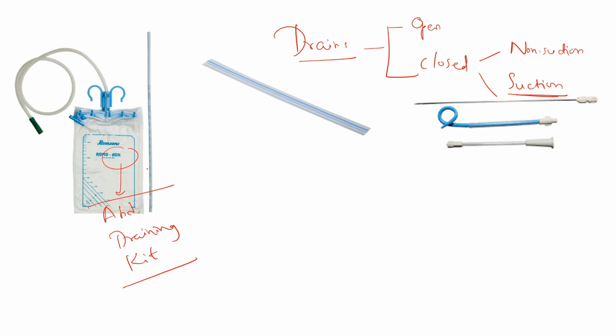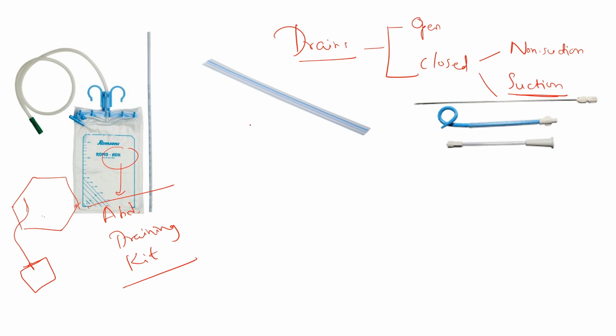As you can see, one end of the drain is kept within the abdominal cavity, whereas the other end goes into the bag. So this is a closed drain.